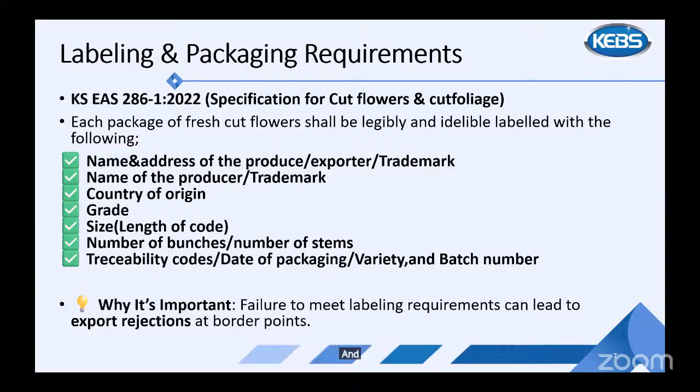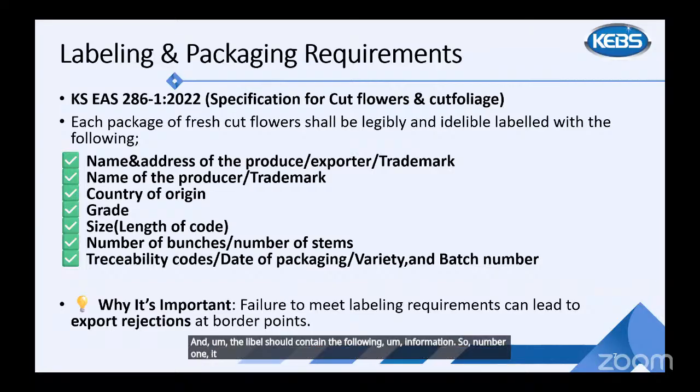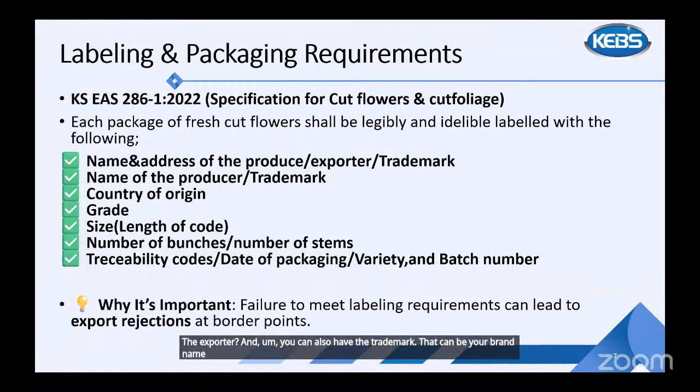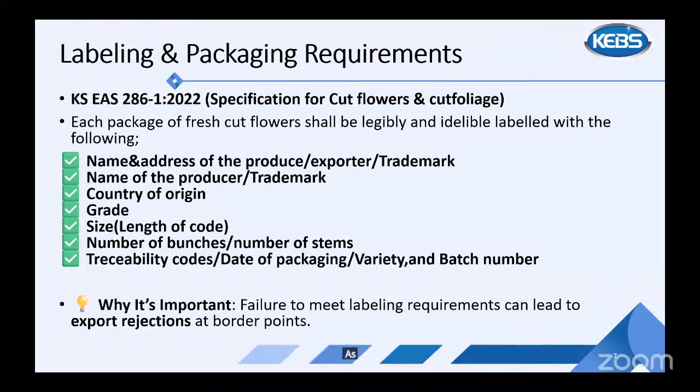And the label should contain the following information. Number 1, it should clearly indicate the name and address of the producer and the exporter, and you can also have the trademark. That can be your brand name that is identical to you as a trader, or to you as the owner of the product.